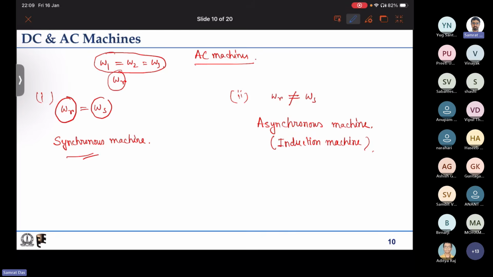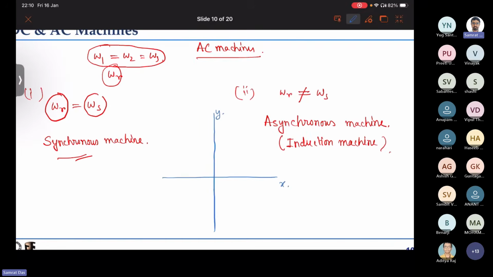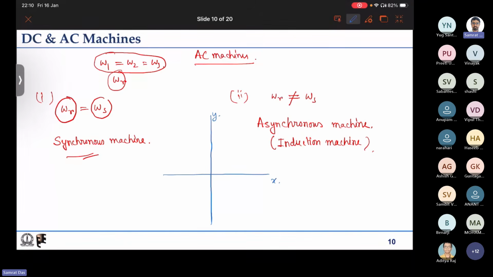No, I have not thought about it like that. What we are discussing is, say we are in the stationary frame. This is the x axis and y axis. If I am standing here, I am in a stationary reference frame, that is, I am not moving. With respect to me, the first magnetic field is rotating at omega 1 and the second magnetic field is rotating at omega 2.